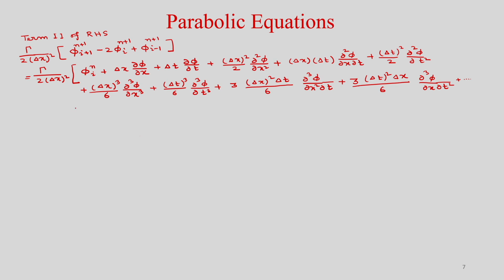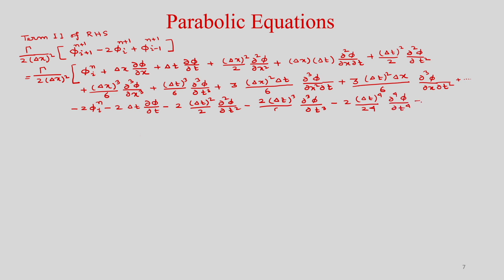So, minus 2φᵢⁿ, minus 2Δt ∂φ/∂t, minus 2Δt²/2 ∂²φ/∂t², minus 2 into Δt³/6 ∂³φ/∂t³, and minus 2 into Δt⁴/24 ∂⁴φ/∂t⁴, and other higher order terms. So, this is the expansion for φᵢⁿ⁺¹.